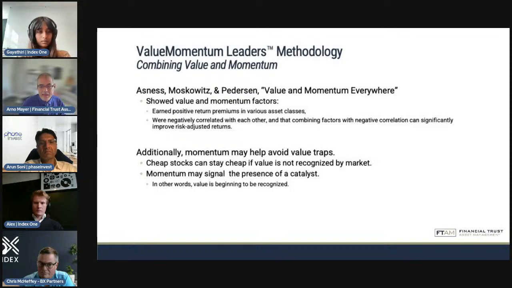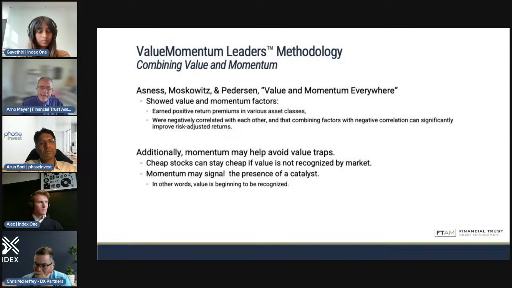Additionally, momentum can help avoid value traps. So if you were just a strictly value buyer of stocks, the big problem that can come about with that is cheap stocks can stay cheap for extended periods of time. That's why they're called value traps. Momentum may help signal a presence of a catalyst, in other words, that value is starting to be recognized.